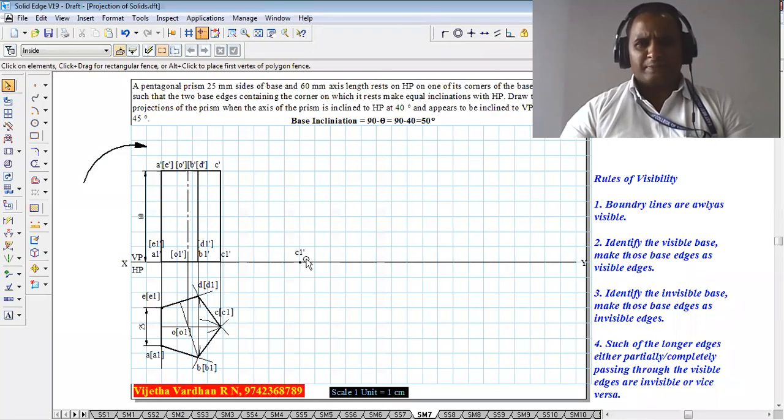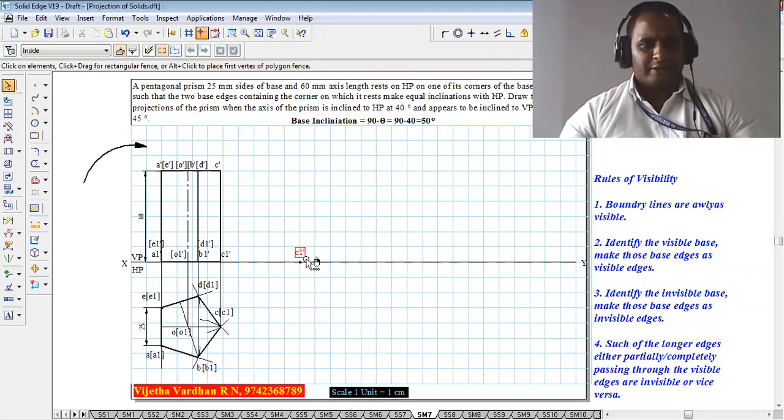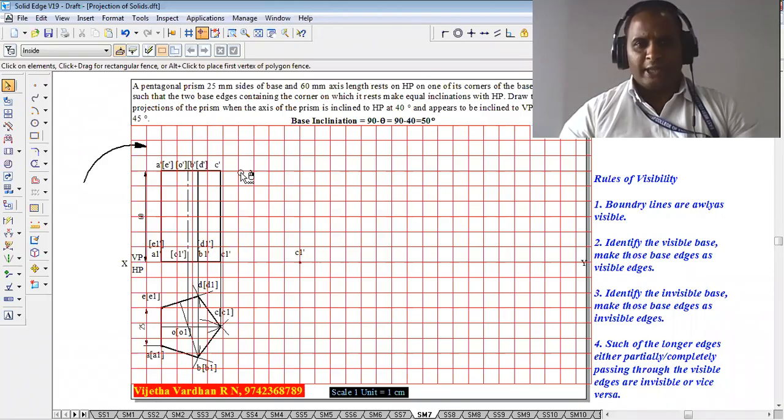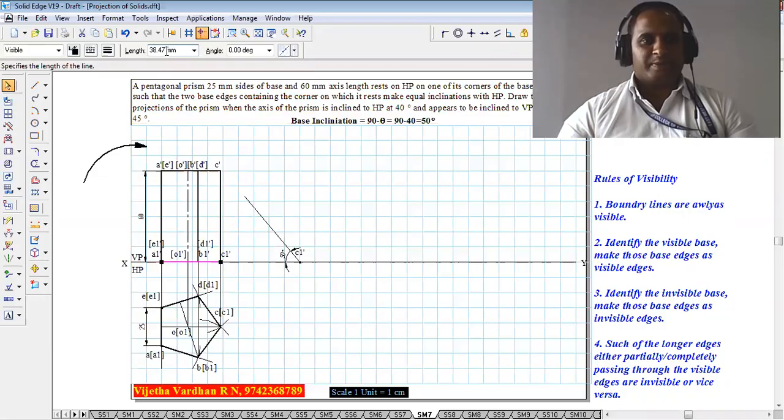Yes, after locating the position of C1 dash, as we know that it is inclined on C1 dash, now we know the base inclination is supposed to be 90 minus theta, that is at an angle of 50 degrees. Using a protractor, we have to draw the 50 degree line here, which I am going to show you now. After drawing this 50 degree line, using the compass, measure the distance between C1 dash to A1 dash.